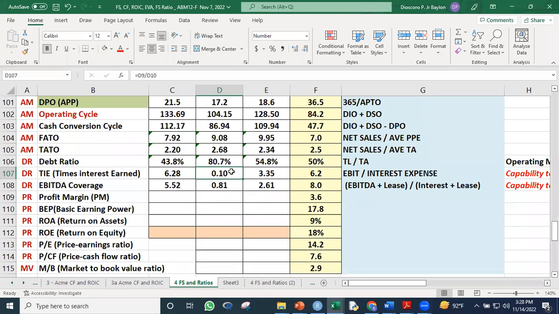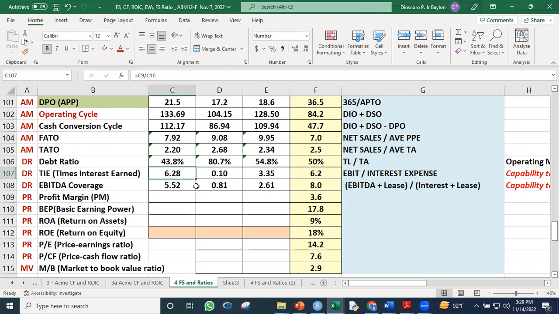Hindi tayo makakapagbayad ng interest kasi it's not even one. 10 centavos lang ang operating profit natin to pay 1 peso of interest expense. So 2020 was really a bad year in terms of capability of the firm to pay interest expense. Noong 2019, 3 pesos of operating profit for every 1 peso of interest expense.